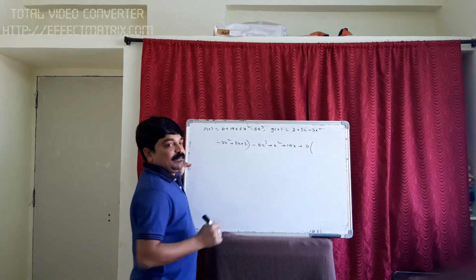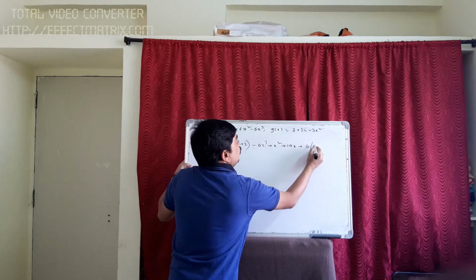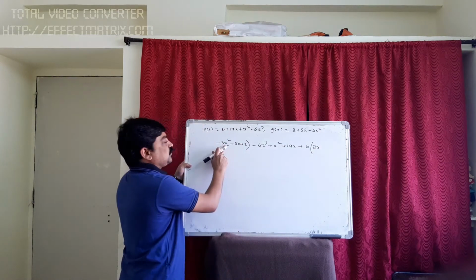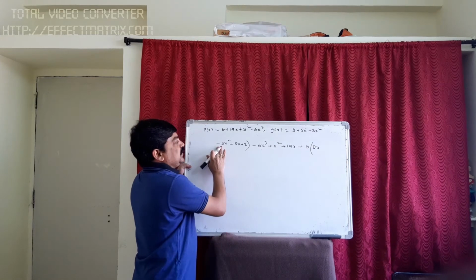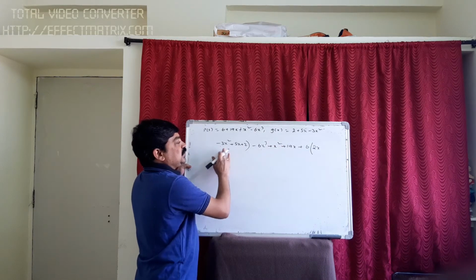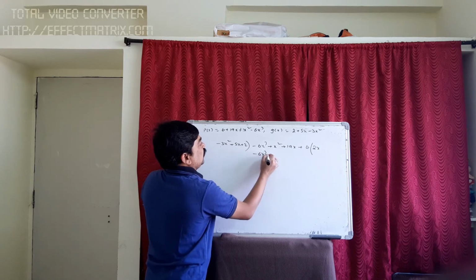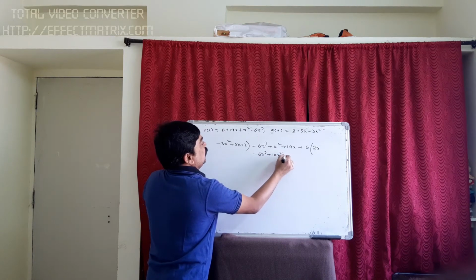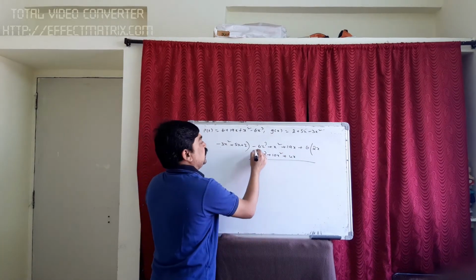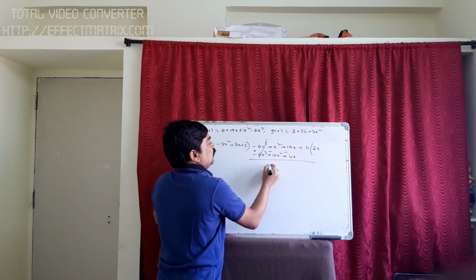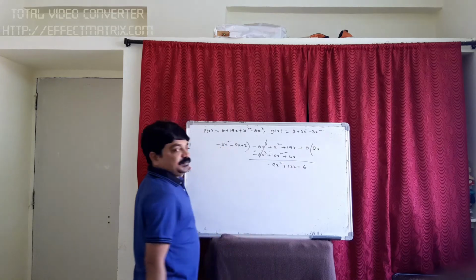With what value should this be multiplied to get this? 2x, because x square times it gives x cube. Minus 3 is to be multiplied with 2 to get minus 6. We should get the same symbol. So minus 6x cube plus 10x square plus 4x. 2x with all the 3. Now change the symbol. Minus 9x square plus 15x plus 6.